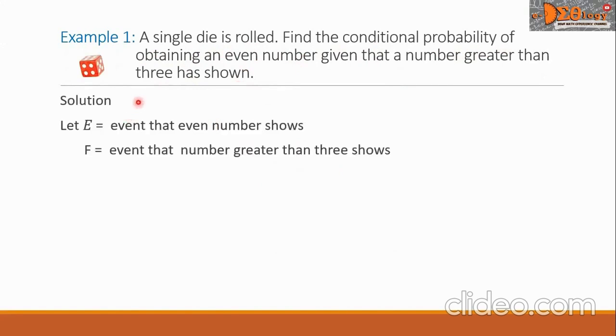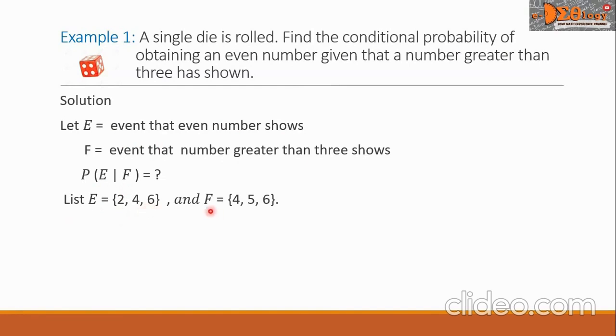First, let us assign E to be the event that even number shows. Let F be the event that number greater than 3 shows. So we are looking for the conditional probability of E given F. Let us list event E, and these are 2, 4, and 6.